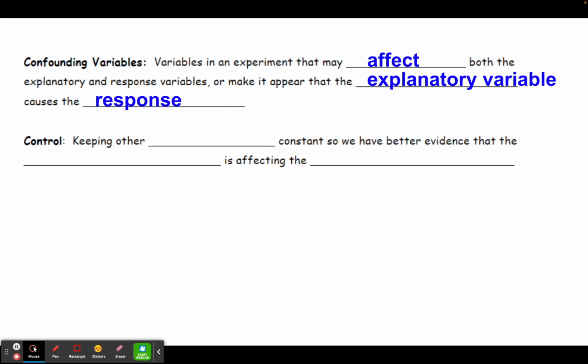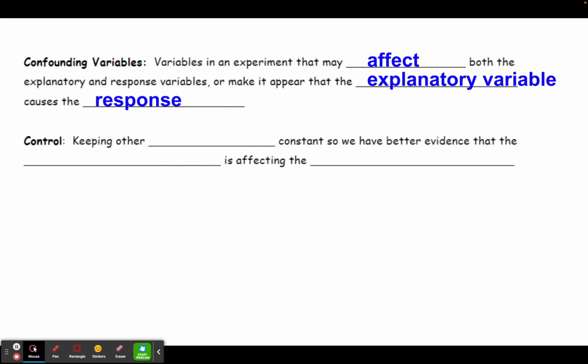An example that I like to discuss sometimes with students is if you look at the relationship between ice cream sales and shark attacks. And maybe you notice that over a period of time, the amount of ice cream sales at a beach goes up, and at the same time, the number of shark attacks goes up.